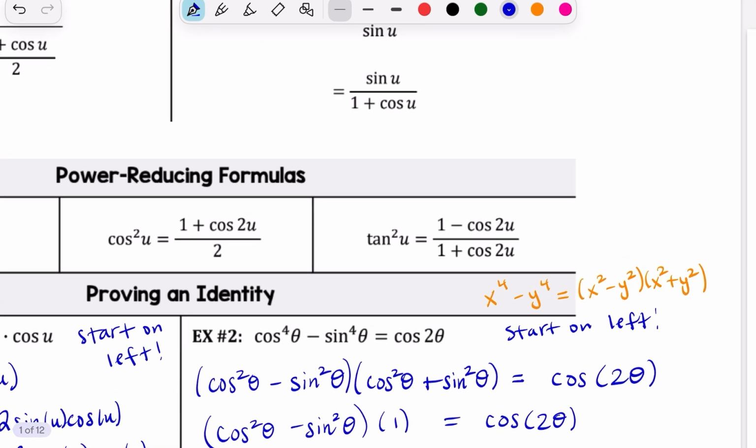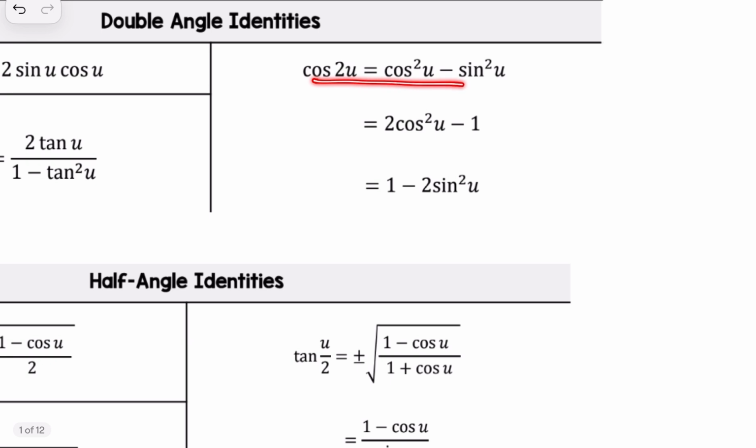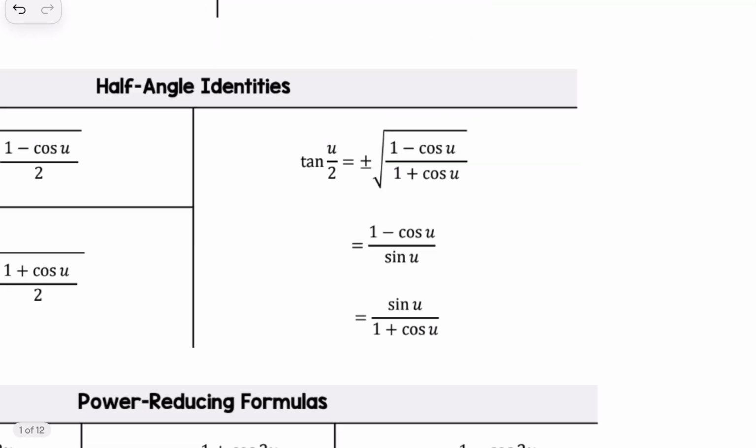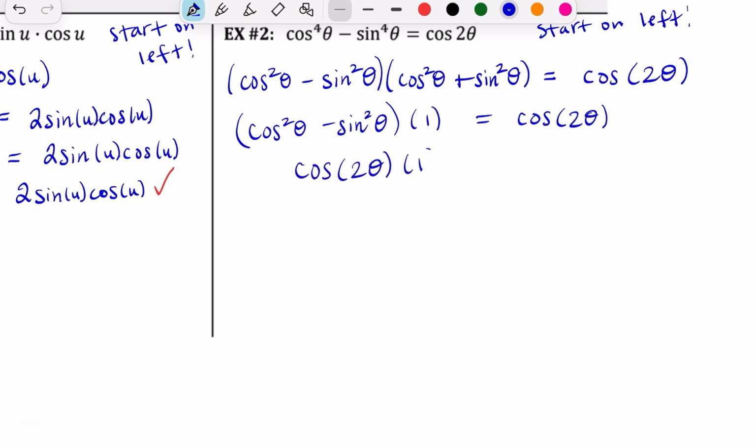Well, if we look up here, that is one of our double angle identities. So we can actually use that here in this proof. So this is going to be cosine of 2 theta times 1 equals cosine of 2 theta. And that is exactly what we have on the right side. So we have proved this identity.